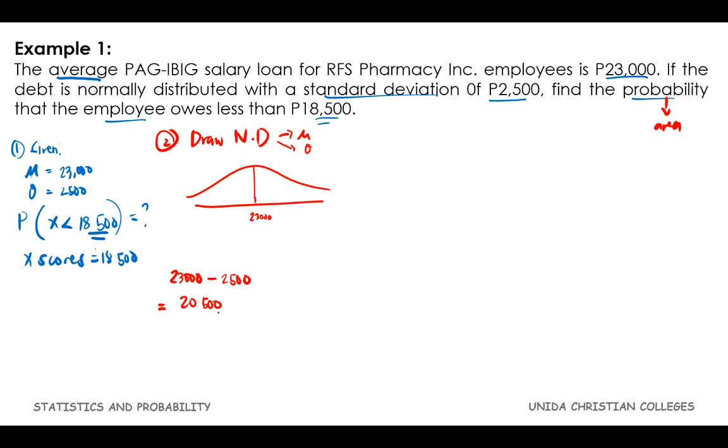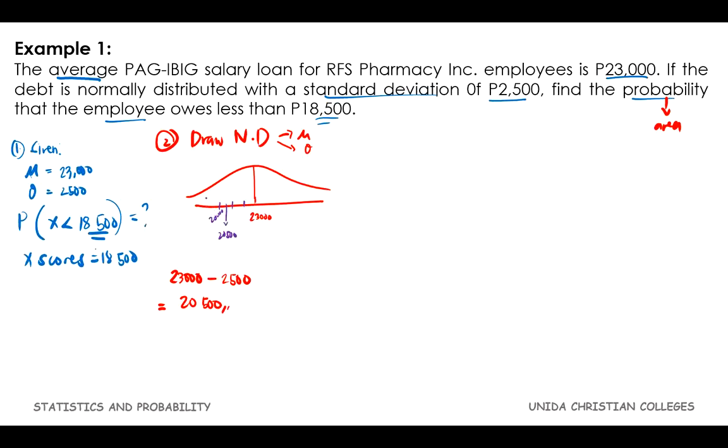So, 20,500, ayun yung i-input natin doon sa ating normal distribution. So, 23, 22, 21, 20. Alam natin na ang center ni 20 at ni 21 ay, let's say, lagyan natin dito, 20,000. At ito, si 20,500.